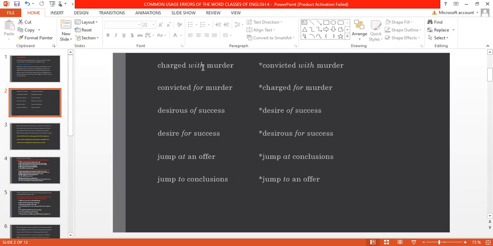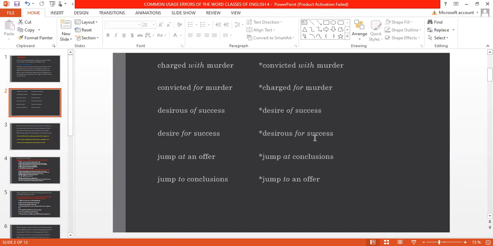Why should we say someone was charged with murder and this convicted with murder is wrong? Look at this, convicted for murder, all right? Charged for murder is wrong, okay? Desirous of success and desire of success. Desire for success and desirous for success.